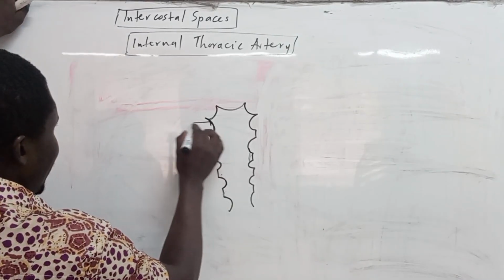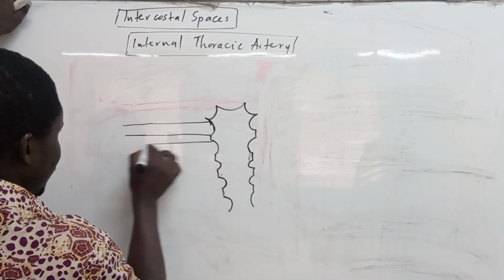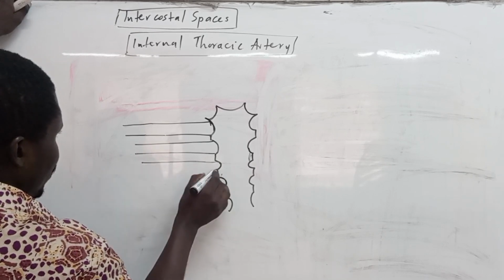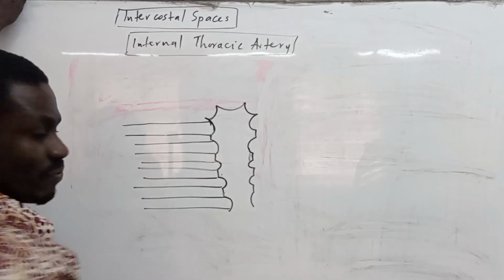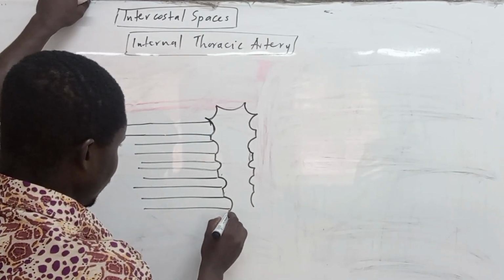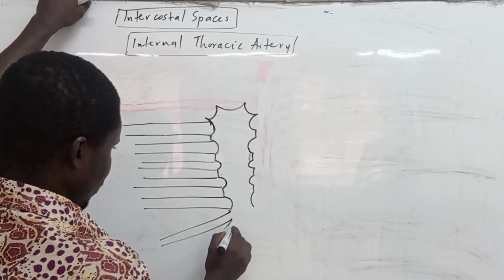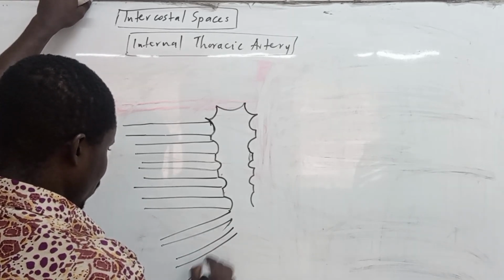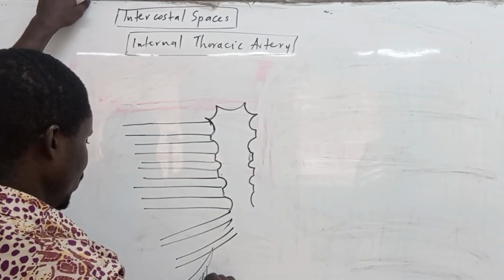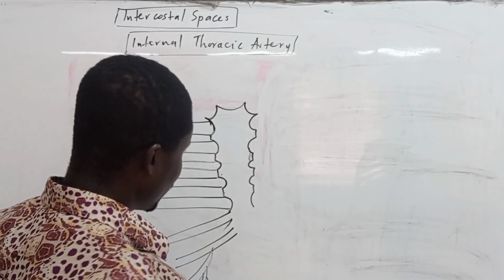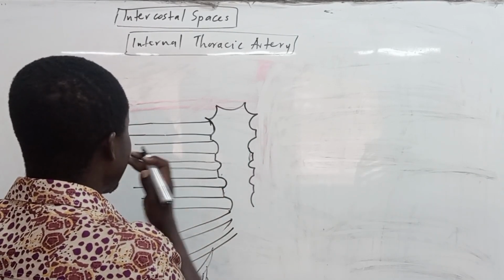Now, I have a rib, 1, 2, 3, 4, 5, say 6, and of course the remaining ones should be joining by way of the floating ribs, the other false ribs. Okay, good. So let us look at these ones.